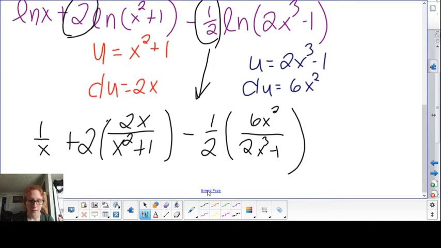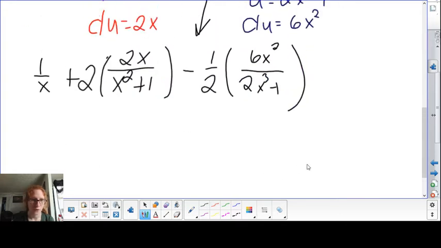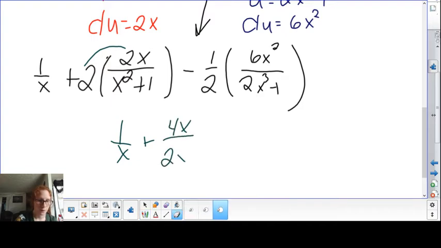And then I have a couple simplification parts I can do, so we're going to go ahead and simplify that up a little bit. So the 1 over x stays the same. That has nothing going on. That's not going to change. I have to multiply by 2 on top, so I get plus 4x over x squared plus 1.